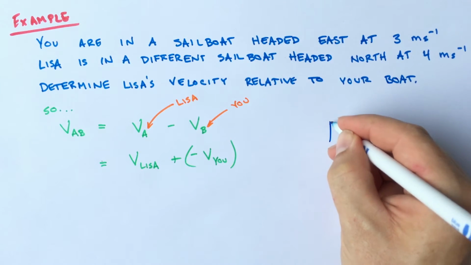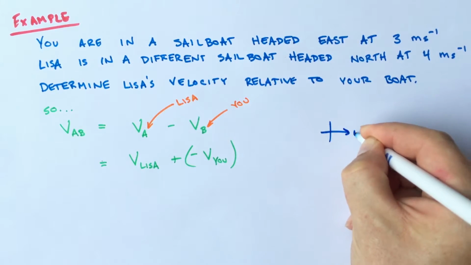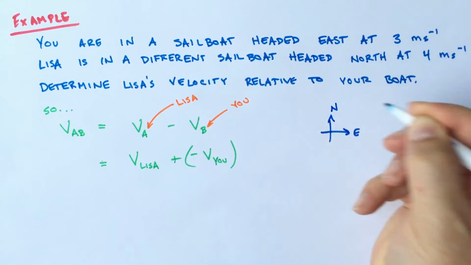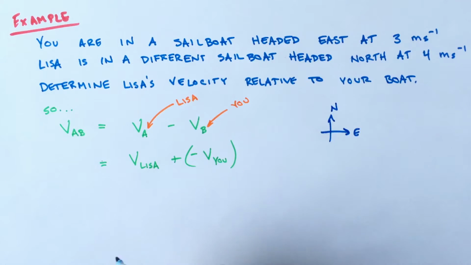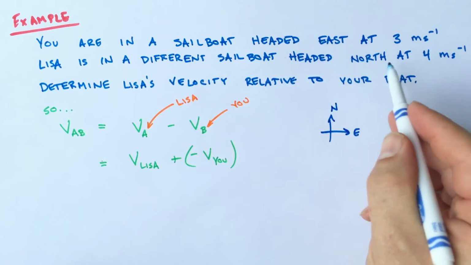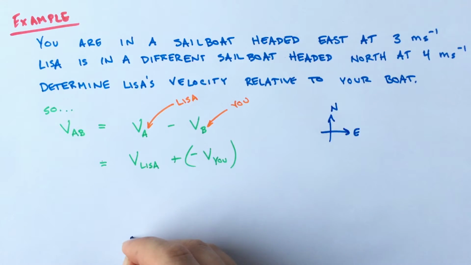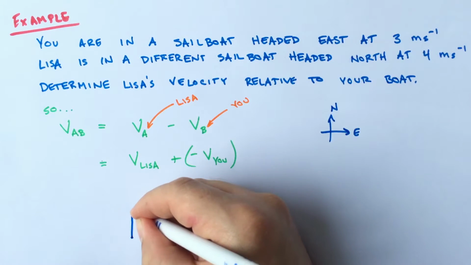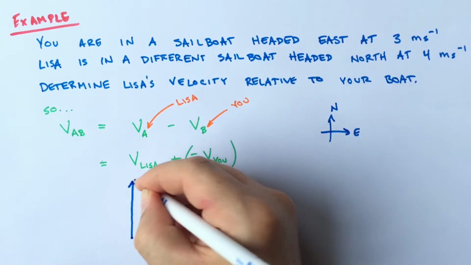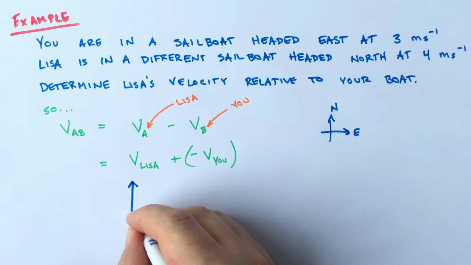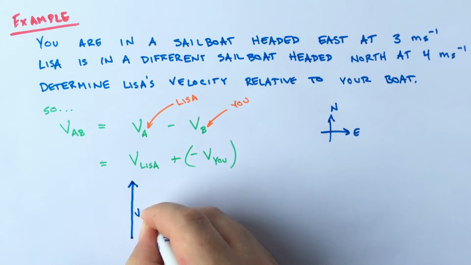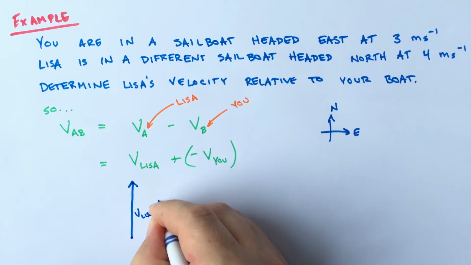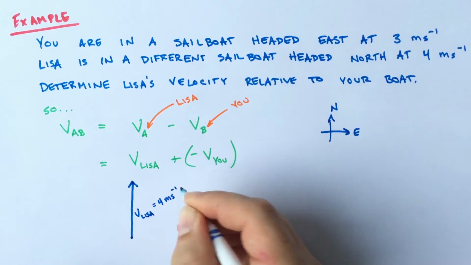Let's set up, we'll say this is east and this is north. The velocity of Lisa is north at 4 meters per second. So if we have some kind of an origin here, Lisa's velocity is north at 4 meters per second. V sub Lisa equals 4 meters per second north.